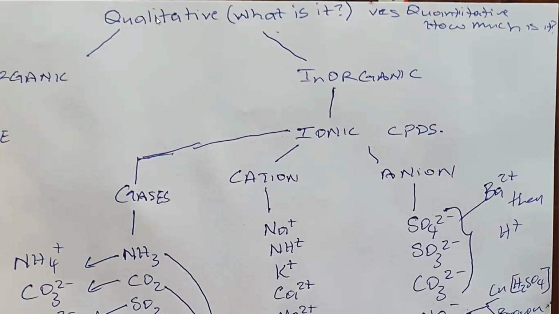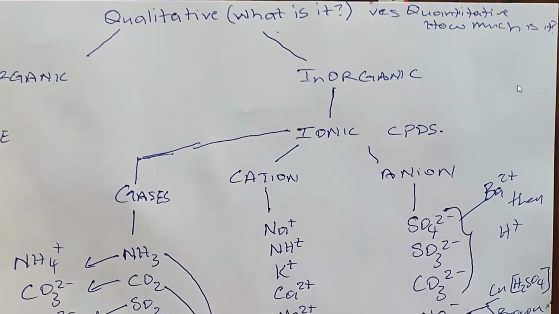They find a substance, and now they need to determine what this substance is. In chemistry, the process of finding out what it is is called qualitative analysis, versus quantitative analysis. So don't mix up the two things. Quantitative asks the question, how much is it? So you find a substance: qualitative says, what is it? Quantitative says, how much is it?